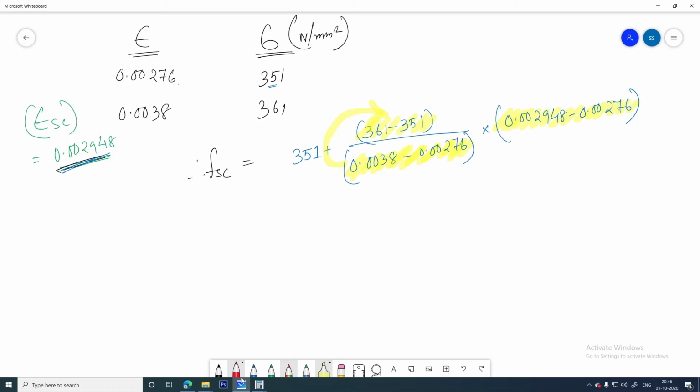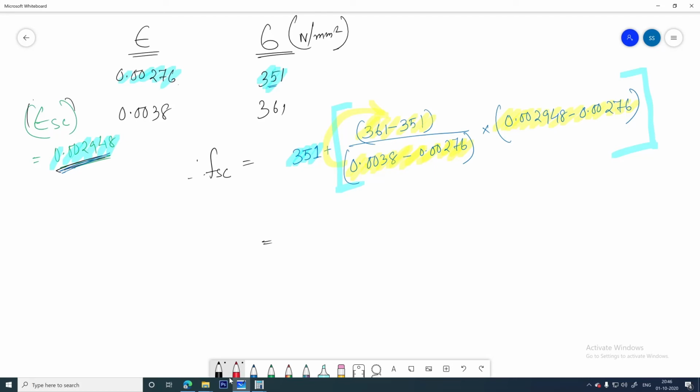Now up to this portion, whatever value you get is the extra stress due to this extra strain. So you just need to add it to the previous stress, that is 351. Look here, 351 is added, and when you add these two, you will get the corresponding stress value for this epsilon SC, that is 0.002948.